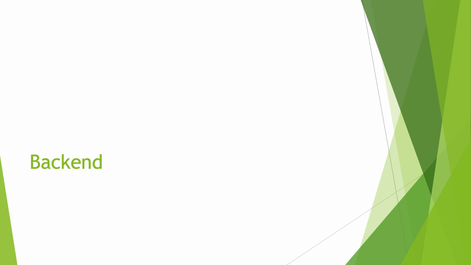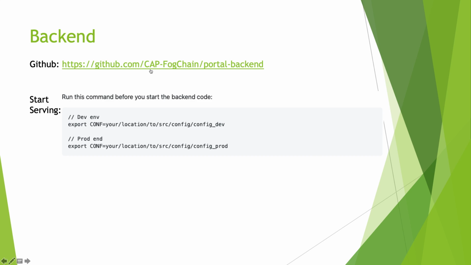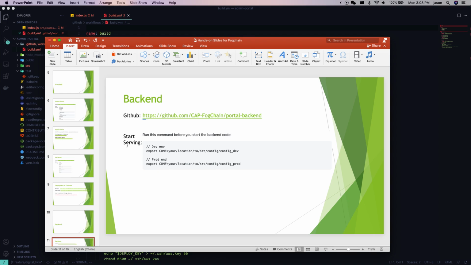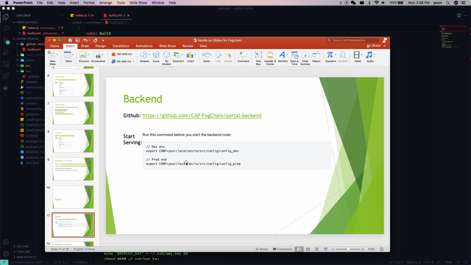Then there is our backend. This is the URL of our backend server, and if you want to start serving, you have to specify a configuration file, which is shown here. You should run this command at your command line.